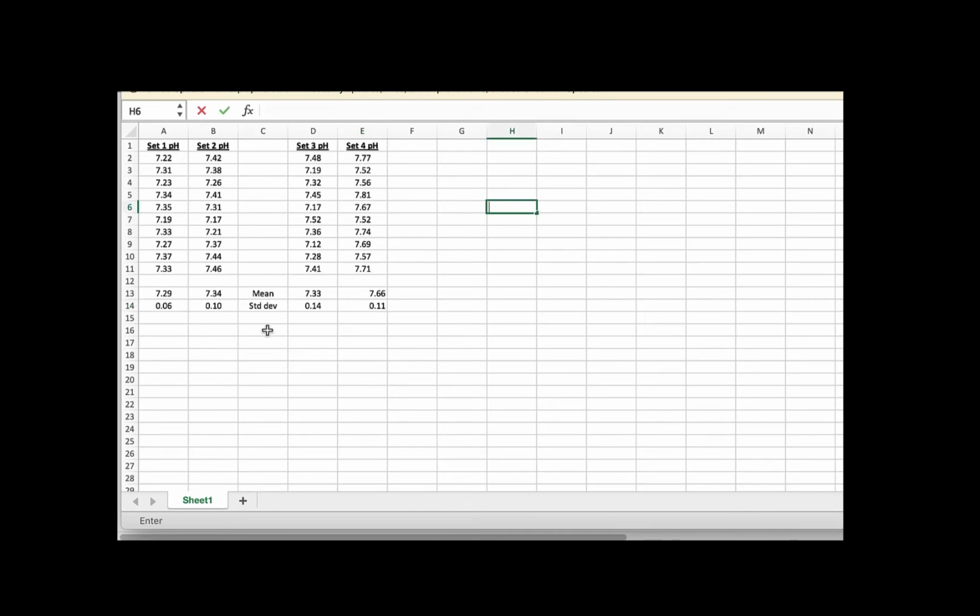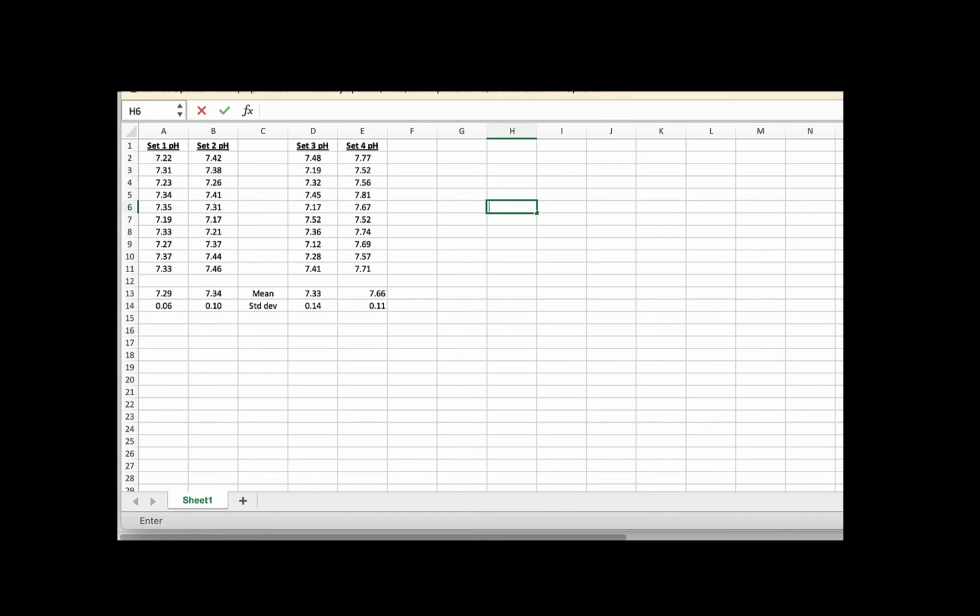The first question that we have to ask ourselves is whether or not these two data sets can be compared together. In order for us to group all of these data points together, we ask whether we can pool our standard deviation values, whether our two sets of data are similarly precise so we can just consider them together.